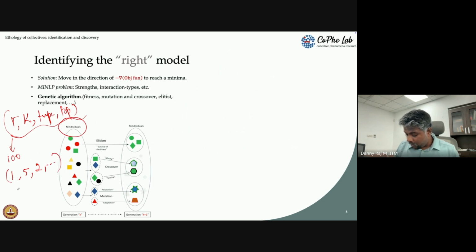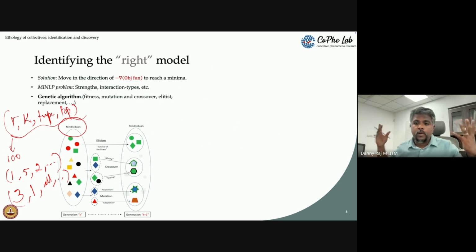And another combination could be R equal to 3, K equal to 1, and topology equal to near all neighbors in the neighborhood, and so on. So I can have various combinations. I don't know which one is the right one. In fact, that is the question, right? If you find the right one, it will minimize the difference between the prediction and the data. But the question is, how do you find the right one? So the genetic algorithm gives you a way to find the right one.